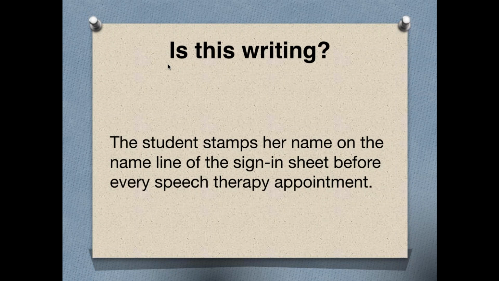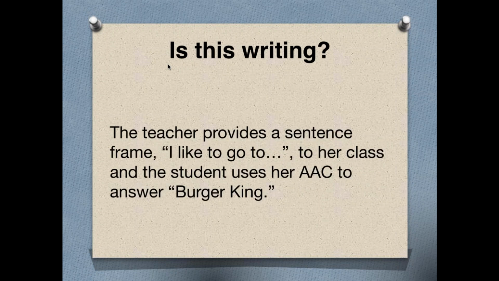But we're not necessarily developing writing by starting there. We have very little reason to believe that this actually develops into writing, that the stamp might be the long-term tool that student uses to represent their name, but there's no reason to think that that's actually going to teach writing.